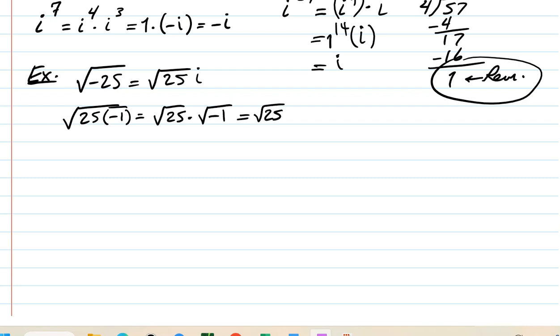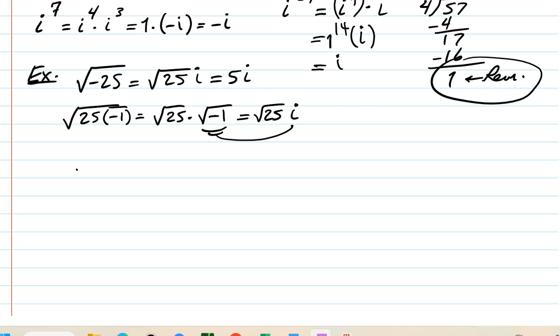That's square root of 25 times I, because square root of negative 1 is I. So anytime you have square roots where the radicand is negative, just change it to a positive, but remember to put I in front. And square root of 25 is 5, so the answer is going to be 5i. That's the real number, and I.